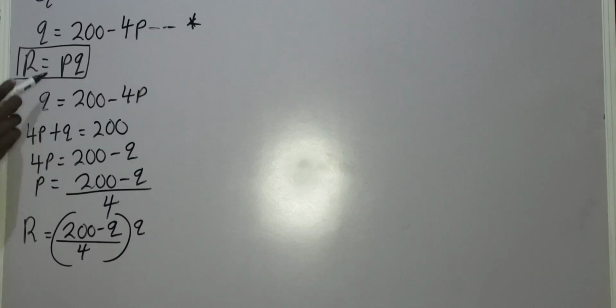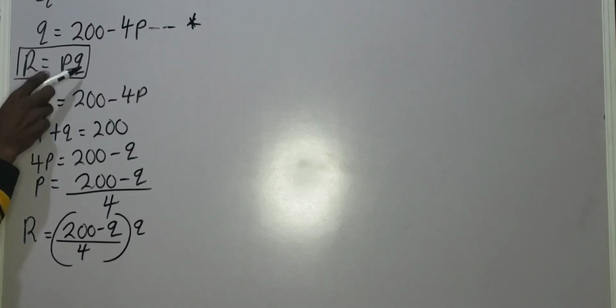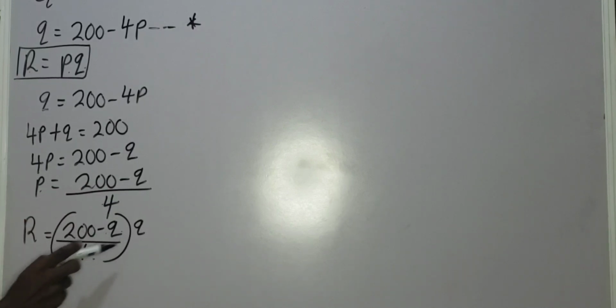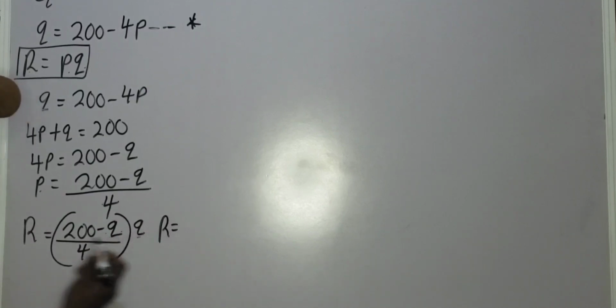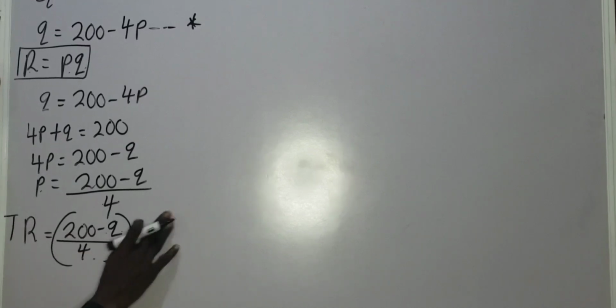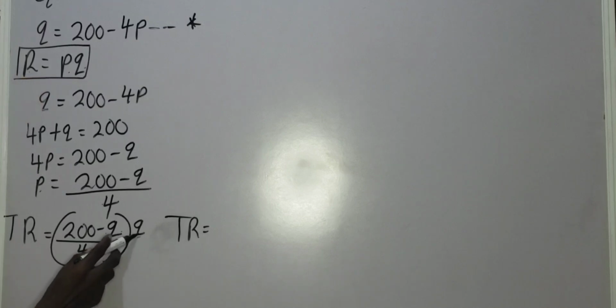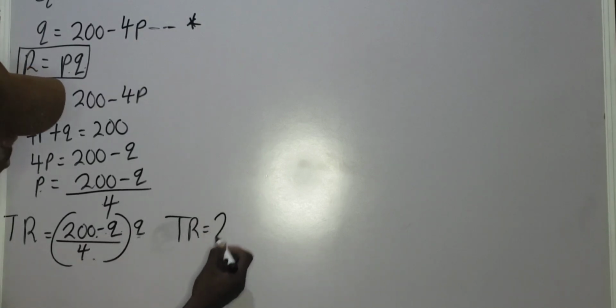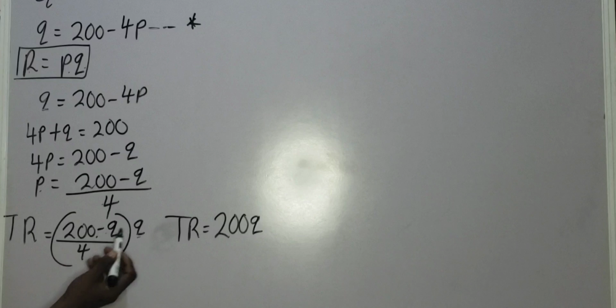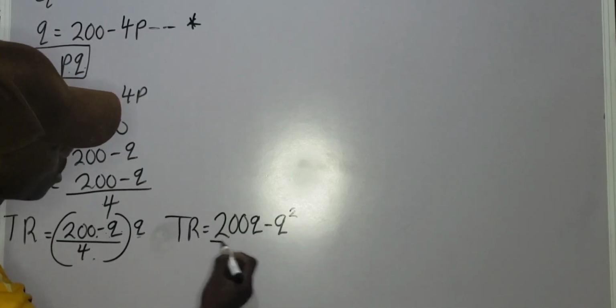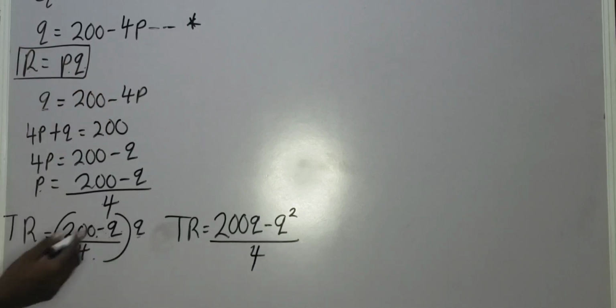So I multiply 200 minus Q over 4 by the quantity, which is Q. So the revenue, which is total revenue, okay? Call it total revenue. Total revenue is equals to, now multiply Q. Q multiplied by 200, that is 200Q. Q multiplied by negative Q, that is negative Q squared, all over 4. Do you understand? So that is the total revenue.